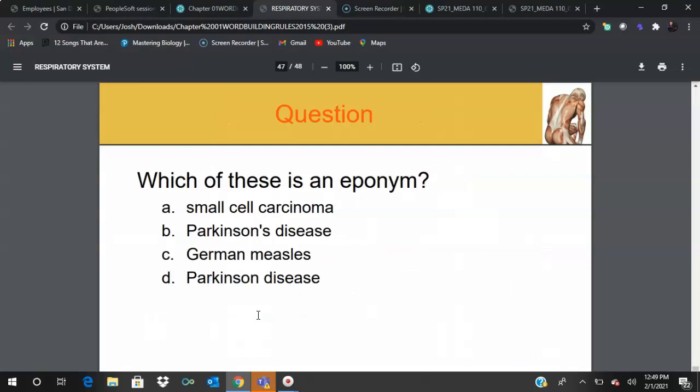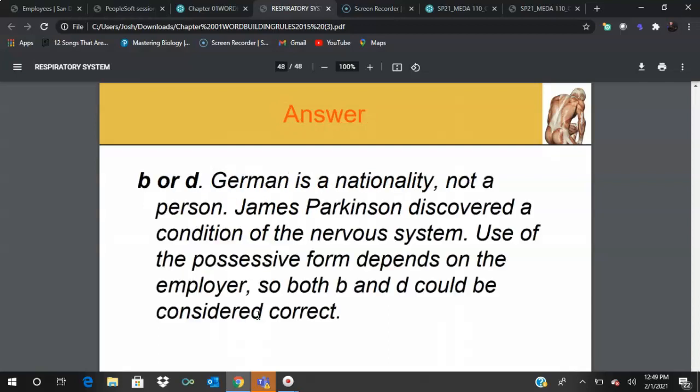Probably the most common one is Parkinson's disease, named after James Parkinson. A few others are Lou Gehrig's disease, named after the person who had it, or it was first documented; Huntington's chorea; Turner's syndrome. These are all possessive forms of a name used to represent that particular disease process. So that's called an eponym.